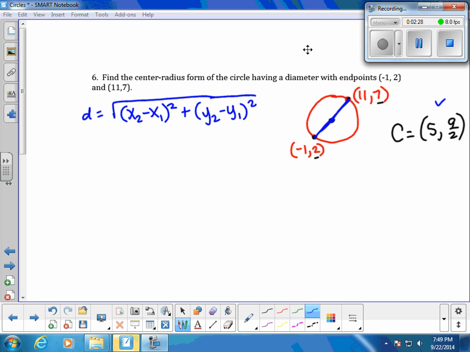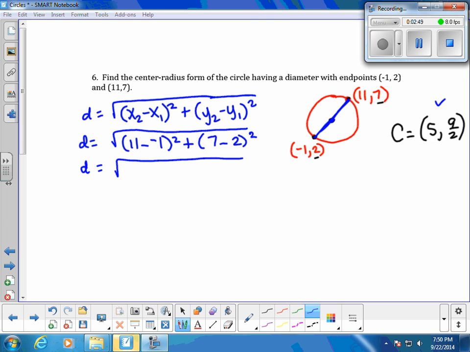Okay, so I'm going to plug in the points. So x2, I'm going to say 11 minus a -1 squared, plus 7 minus 2 squared.